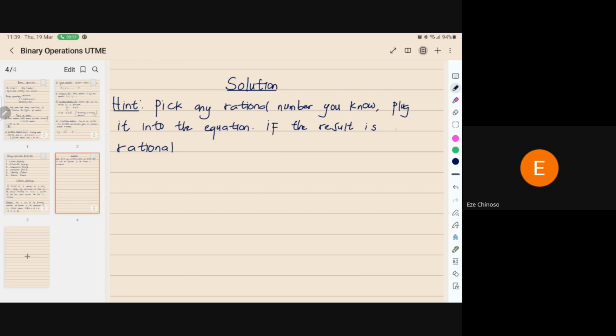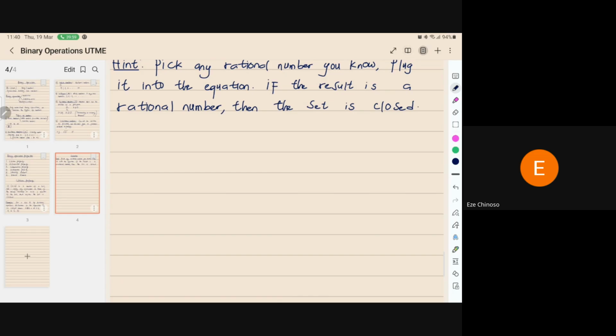If the result is a rational number, then the set is closed. Is that okay? So pick any rational number you know, plug it into the equation. If the result is a rational number, then the set is closed.